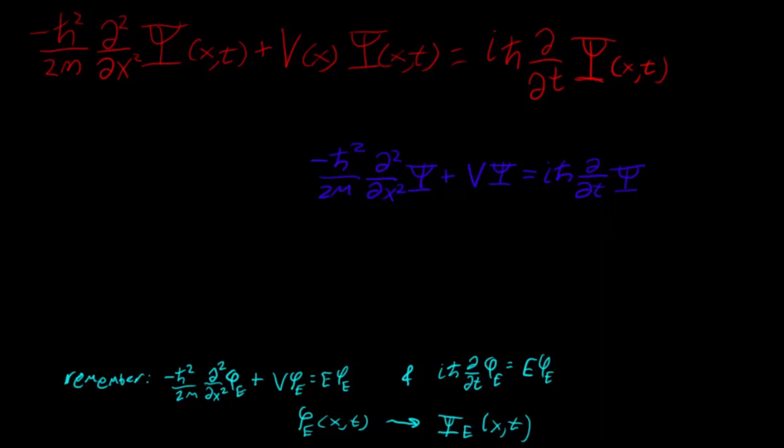Some people will use lowercase psi both for a function of x and t and for a function of just x, but you will hopefully see in the next few videos why I like to draw the distinction, because we will be dealing with both separately. This is how I like to write the Schrodinger equation in general. It makes it look a lot nicer without all of the 'of x' and the 'of x and t'. So I just want to show this so you can see it in its more compact form. But now I'm going to get rid of that.